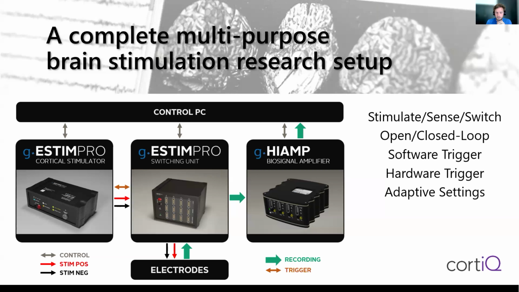in real time during the experiment. But of course, we can also change the stimulation channels or the group of stimulation channels we are routing the stimulation current to, all that in real time.